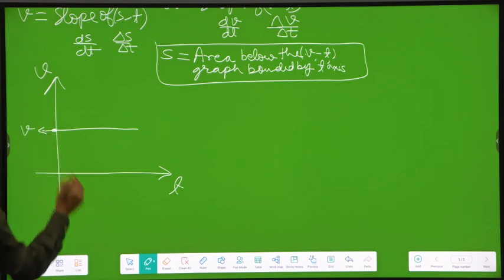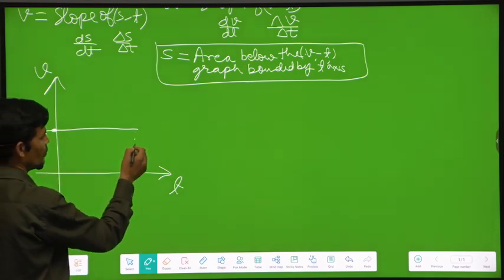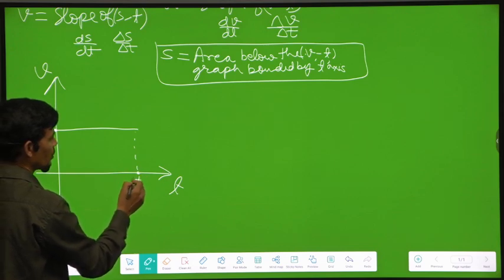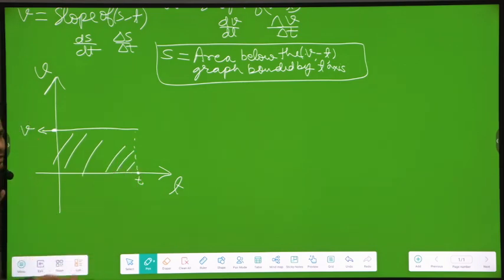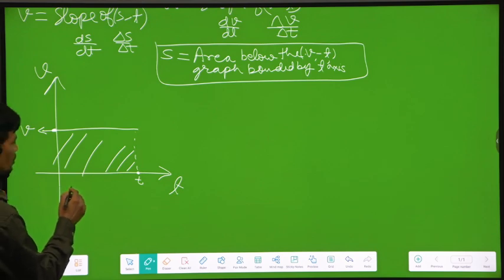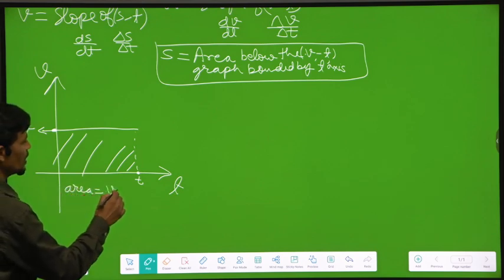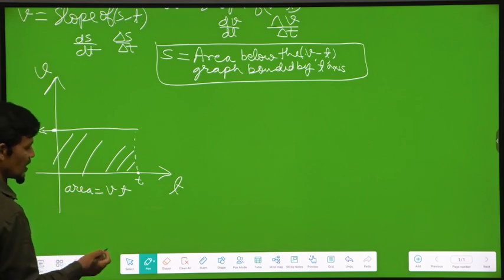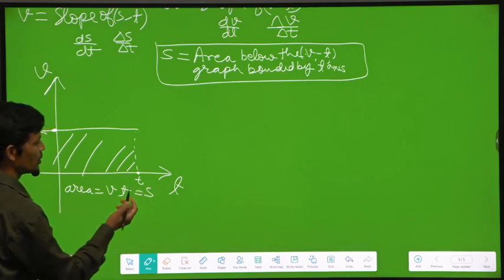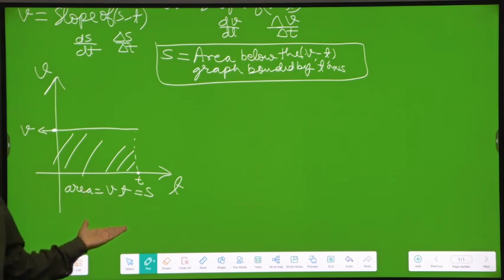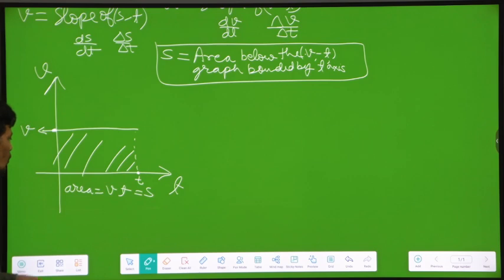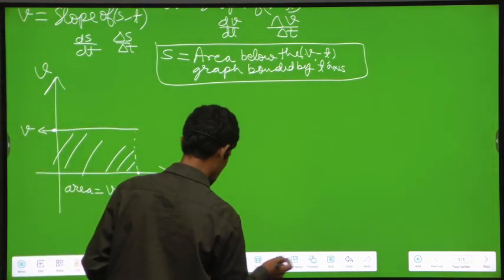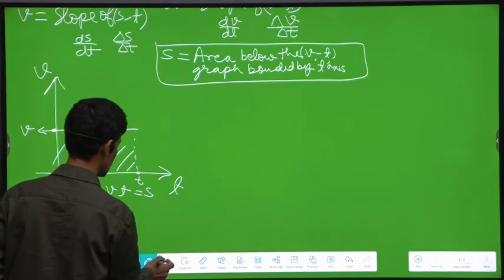Let us suppose it is v, and if we want to find displacement up to this time t, then the area below the graph gives us a rectangle, and its area will be vt. And as we are saying that this area is equal to displacement, displacement equals velocity into time, which is an obvious result. But that is for constant velocity.